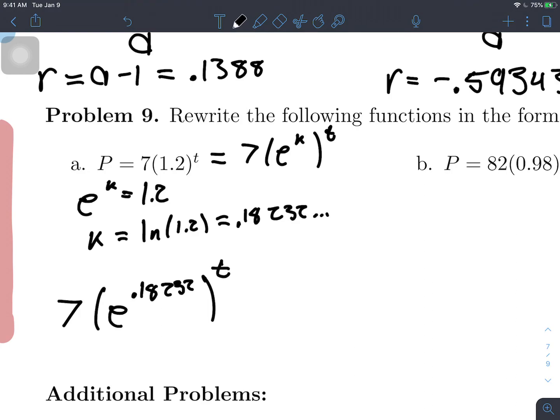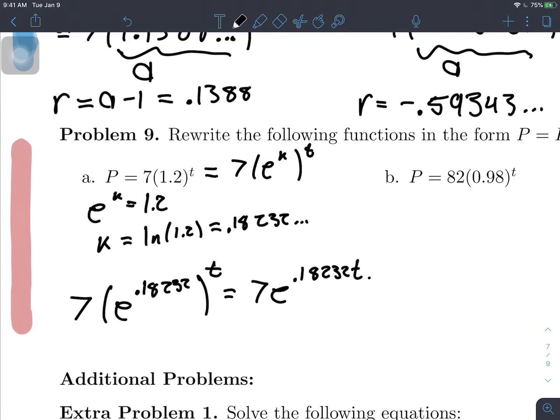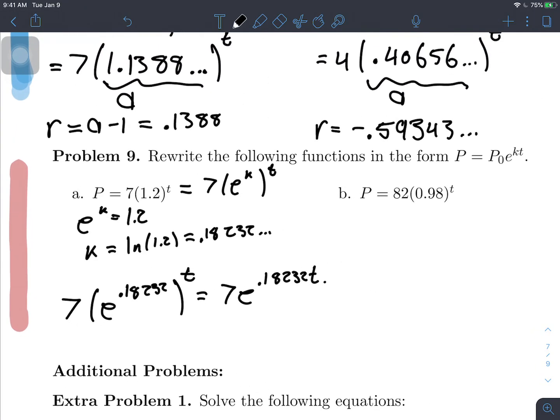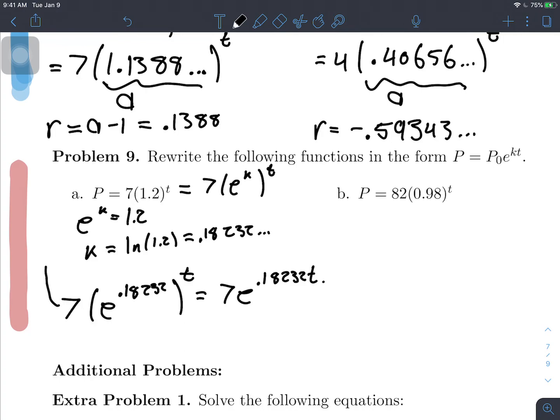Now recall, if I have an exponent to a power exponent, I'm going to multiply those exponents. So I'm going to get 7e to the 0.18232t. Okay. So this was a way of rewriting our original equation.